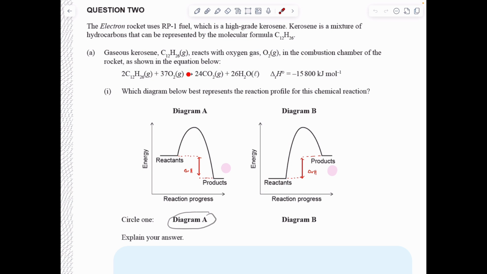So if the reaction is starting off with some energy over here, and that energy is being released, the energy of the products is going to be lower than the reactants. So which diagram shows the energy of the products being lower than the reactants? Diagram A. So that's what we've got circled over here. And that's the process you'd go through.